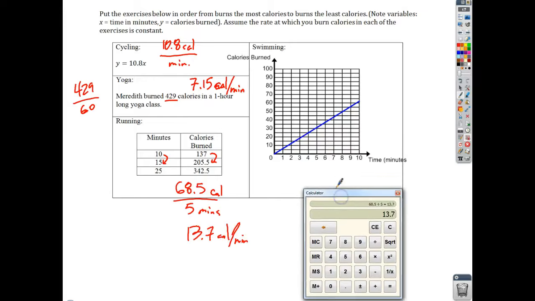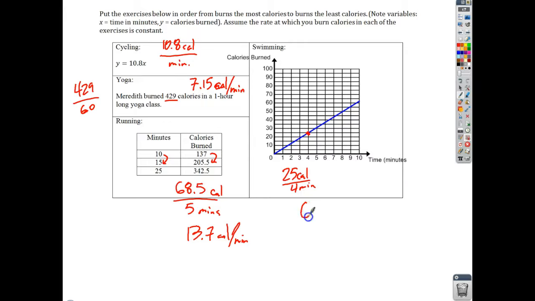And then last, I've got 25 calories per 4 minutes. So 25 divided by 4 is 6.25 calories for 1 minute.